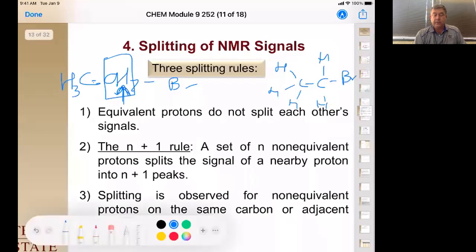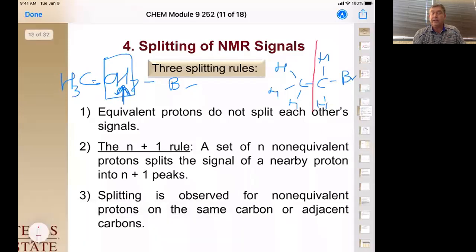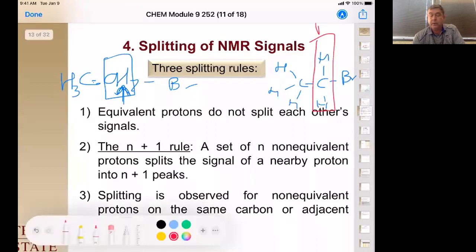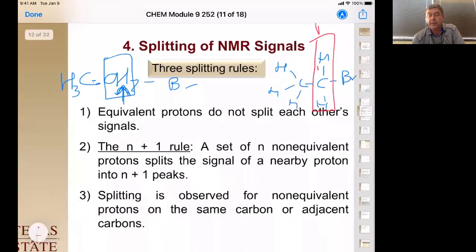So the first thing we saw, rule 1, is these give 1 peak. Now we look for the number of hydrogens that are within 3 bonds of that group. So let's look at that. We have this hydrogen here, so we have 1, 2, 3. So this hydrogen counts. We have 1, 2, 3. This hydrogen counts. 1, 2, 3.